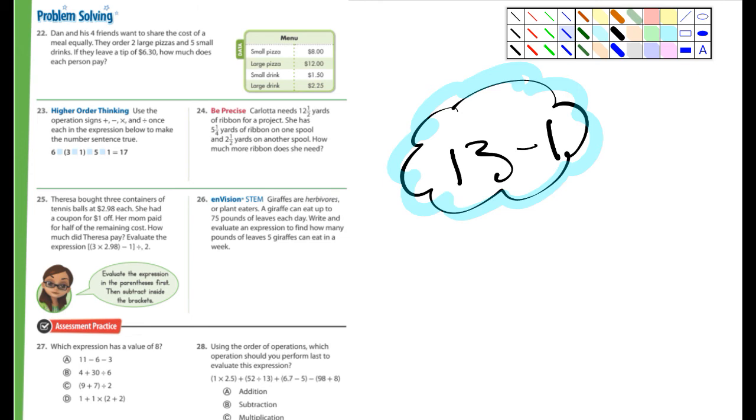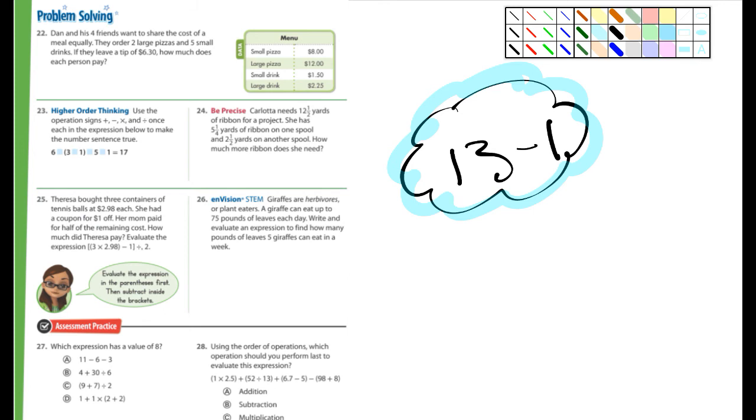Let's see here. 25. It says Teresa bought 3 containers of tennis balls at $2.98 each, and then she had a coupon for $1 off. Okay. Her mom paid for half of the remaining cost. Okay, so the half of the remaining cost is after the coupon of $1 off. And then it says, how much did she pay?